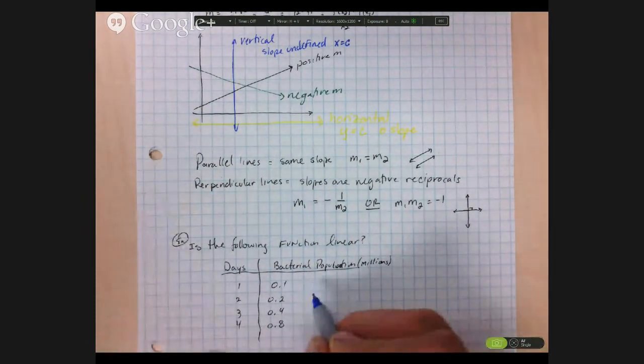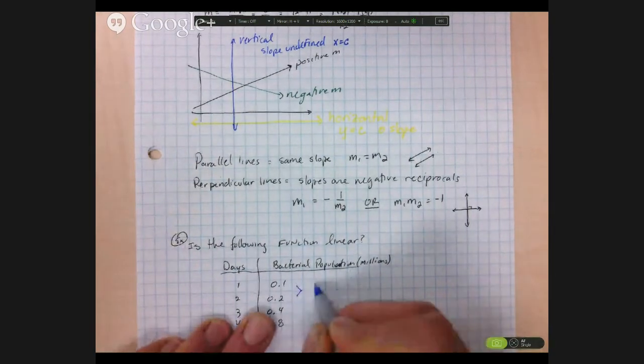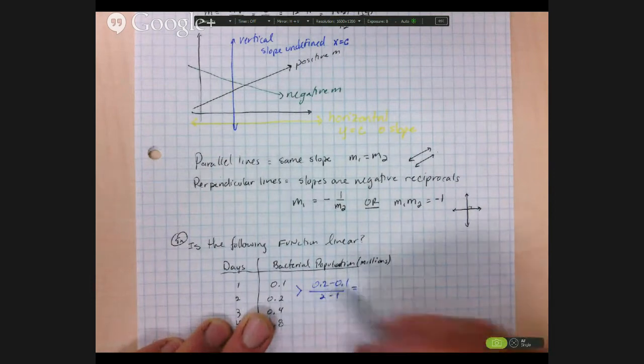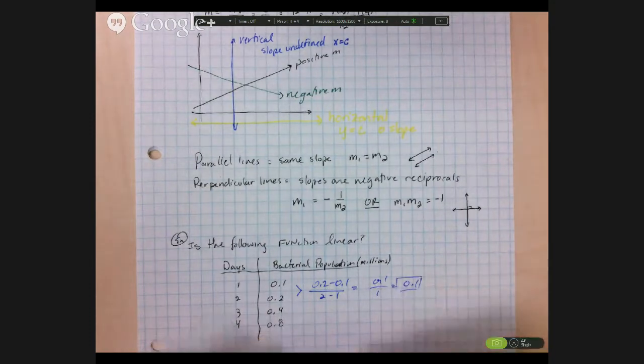But if we want, we can do the change from here to here, y2 minus y1, x2 minus x1. So the y's over the x's. 0.1 over 1. That's the change there.